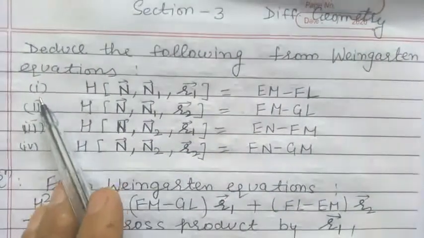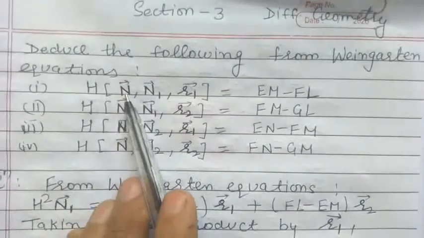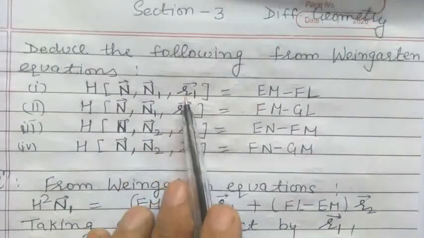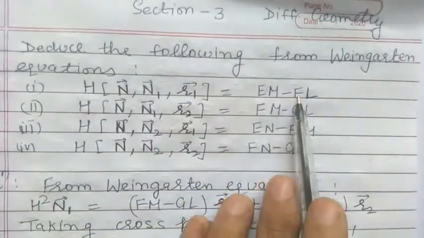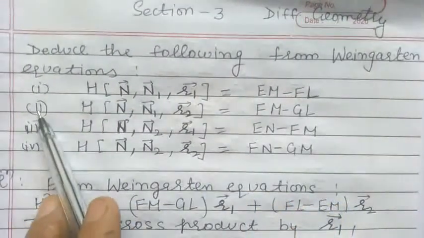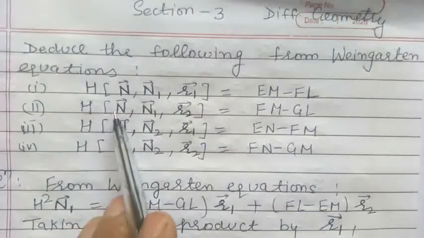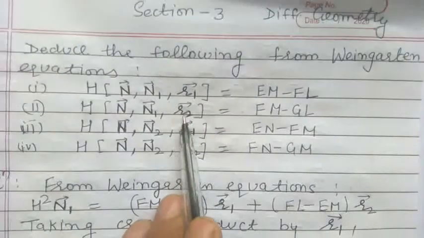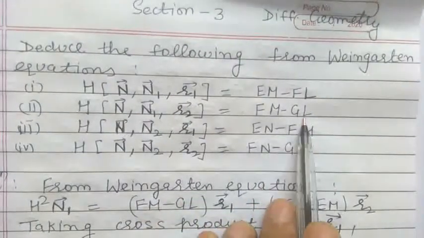First part is H into the scalar triple product of the three vectors n, n1 and r1, which is equal to em minus fl. Second, the product of H and the scalar triple product of the vectors n, n1 and r2 is equal to fm minus gl.